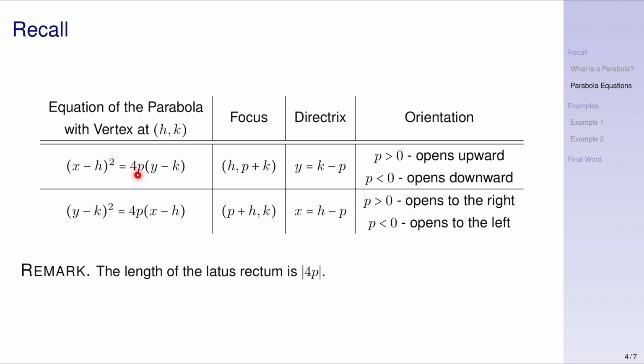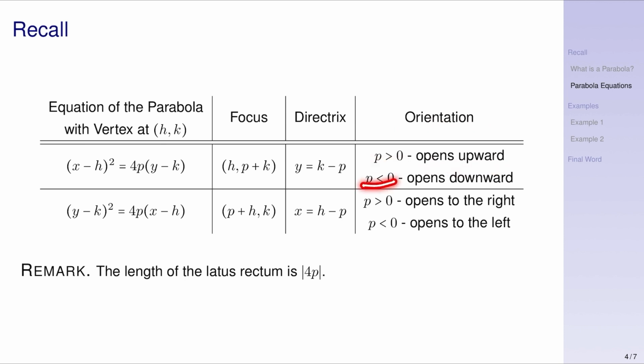Also take note that the p here plays a role in how we obtain the focus and the directrix, as you can see out here. But like I mentioned before, I don't really recommend memorizing the formulas for focus and directrix. It's a matter of understanding how it works instead. This last column, the orientation, I suggest that you master. Just remember that when p is positive, it opens upward.